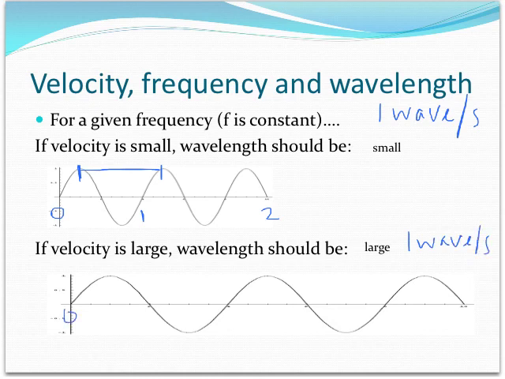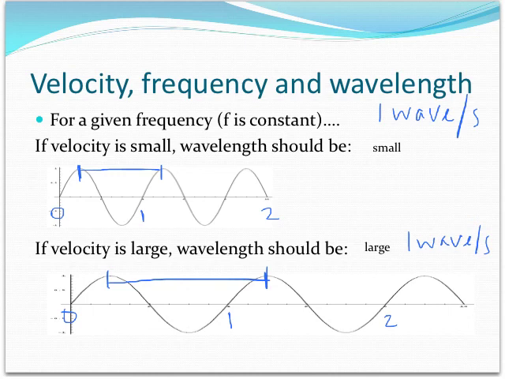So this will be 0. 1 wave means 1 second has passed. 2 waves means 2 seconds have passed. Except now, your wavelength is this long. It's much longer. So the faster the wave moves, the more the wave is spread out, which means the longer the wavelength.